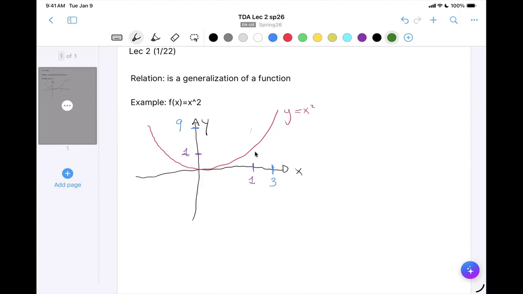And if you had, let's say, -3 here, that also corresponds to 9. One way to draw this out is that, of course, it gives you a point on the graph, but you could draw more of an arrow, as I'll do here. If x is 1, you get this point on the graph.